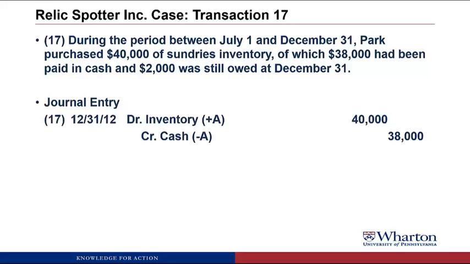The last part of this is the $2,000 of inventory we've received but not yet paid for. If you recall a prior transaction in the case, when we owe money to a supplier for getting inventory, we call it accounts payable. Accounts payable is a liability, so we increase the liability with a credit, $2,000, and our debits equal our credits.